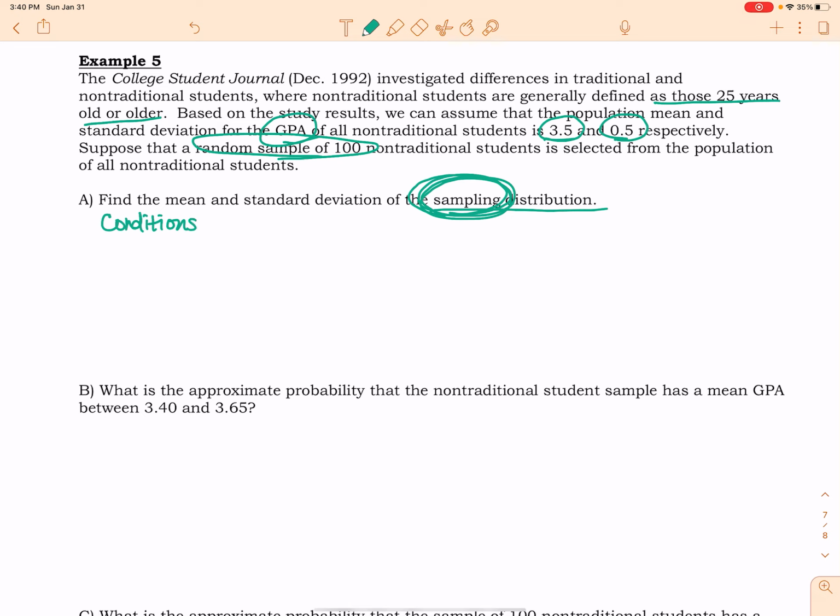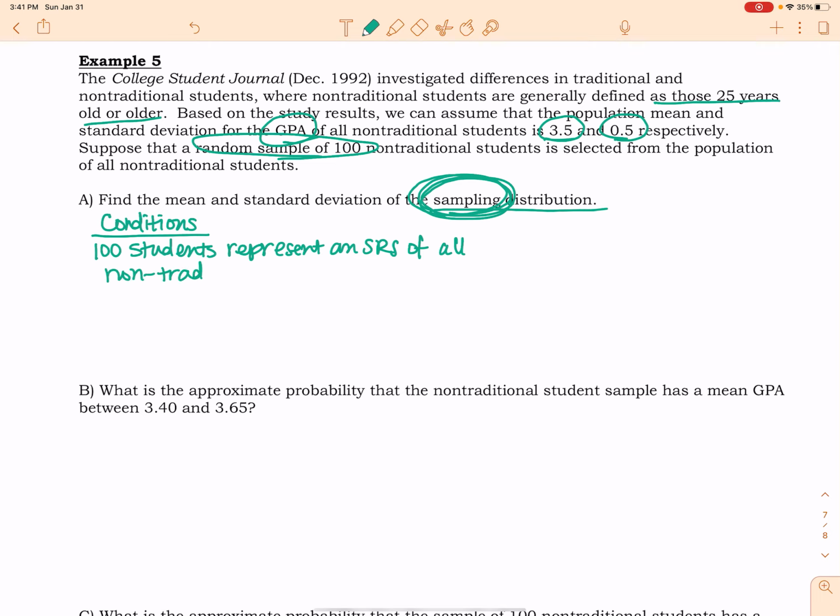Woot, woot. Okay, so we are told that it is a random sample of 100 students. So these 100 students definitely represent an SRS of all non-traditional students.